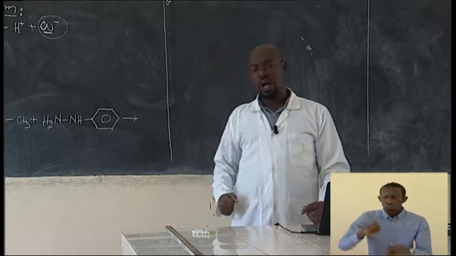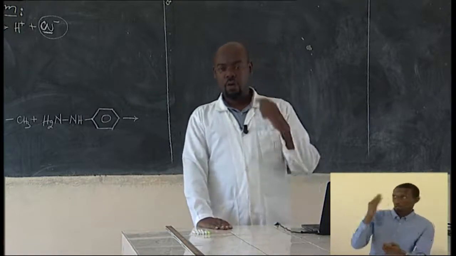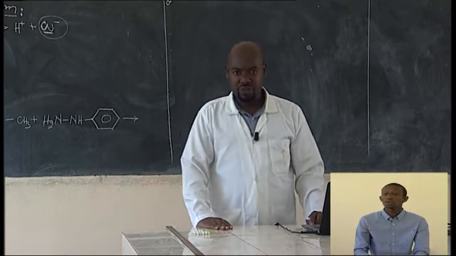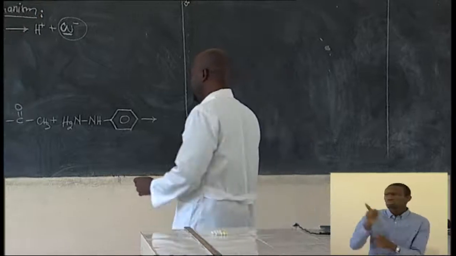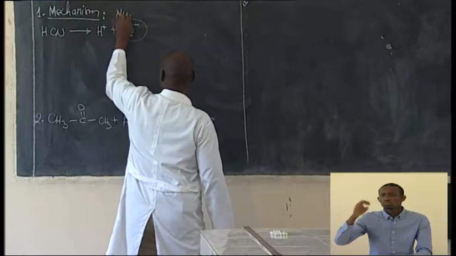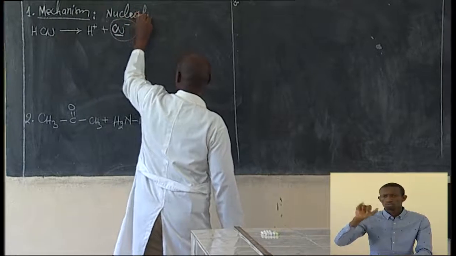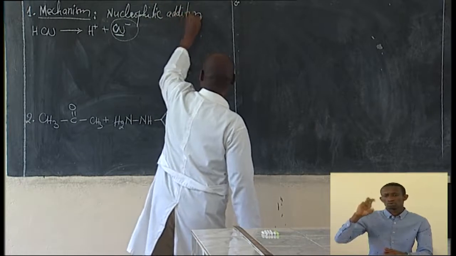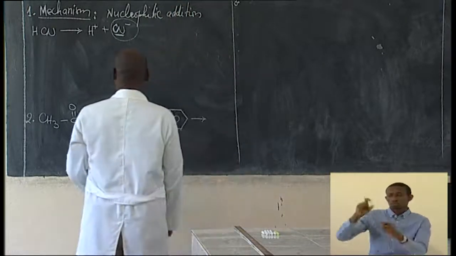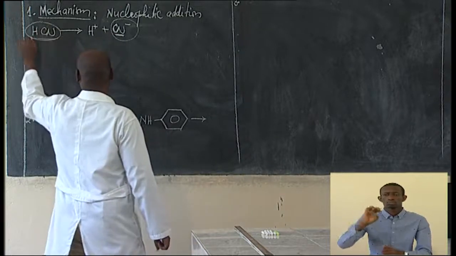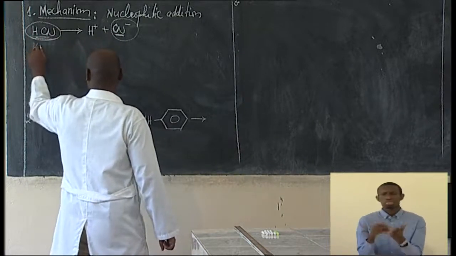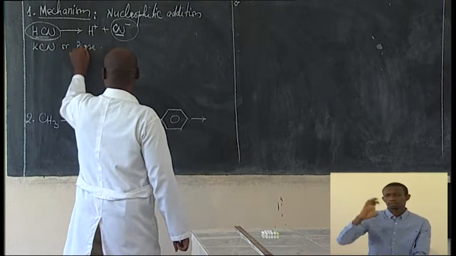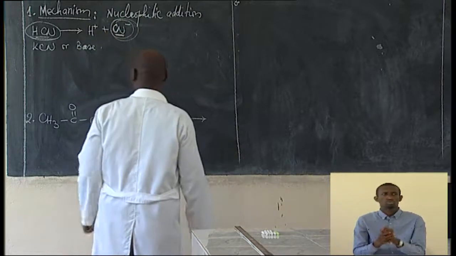And the reaction we will have here, as can be seen from the product we get, is an addition reaction. So we call the mechanism nucleophilic addition mechanism. And remember, we said because this is a weak acid, you can use potassium cyanide or use a strong base, so that the concentration of CN- ions can increase.